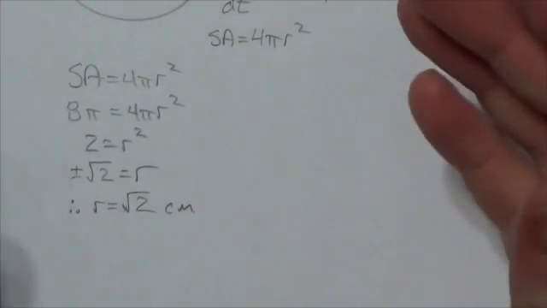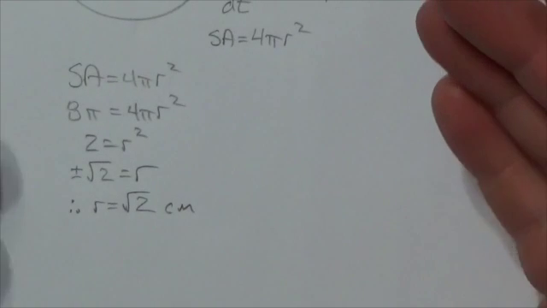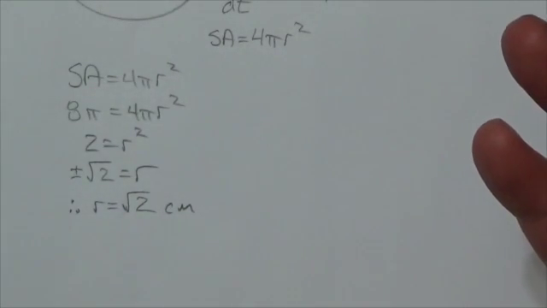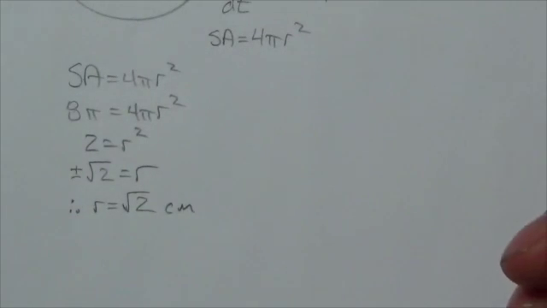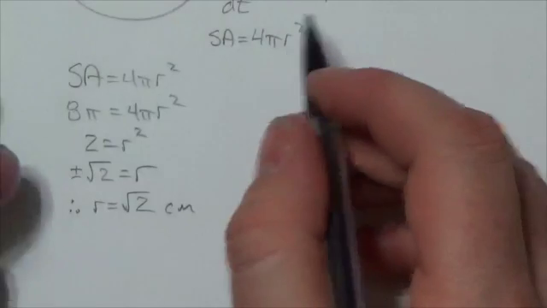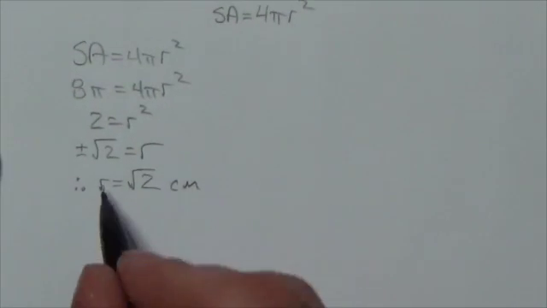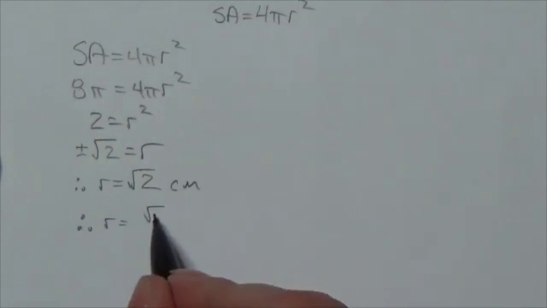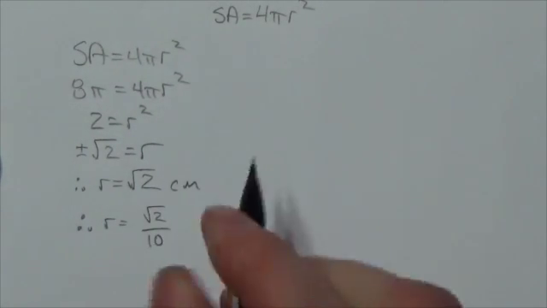Now, I want to be consistent here, so I just have to choose one of these units to work in because it really didn't give me any indication. But I was told how fast the volume was changing with respect to millimeters, so I'll change this to millimeters. Therefore the radius is going to be root 2 divided by 10.